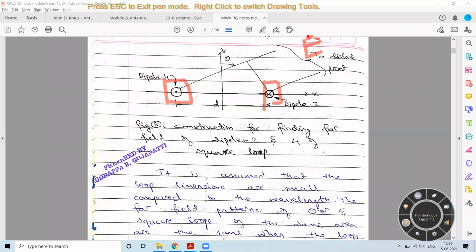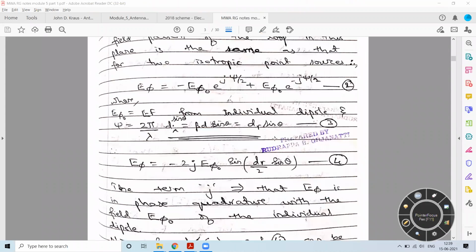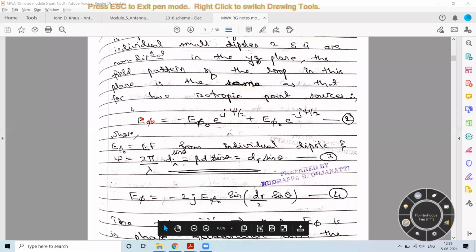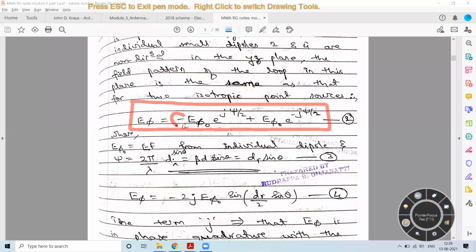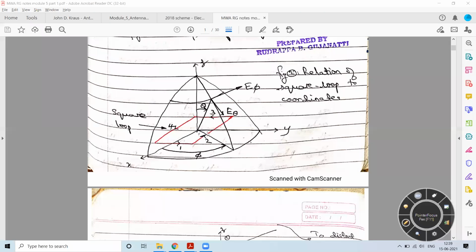Therefore, the total electric field at this point will be the addition of the field due to dipole 2 and the field due to dipole 4. So it will be given by this equation. But why is this minus sign put over here? It is because the current flowing is opposite, so the fields will be opposite to each other.